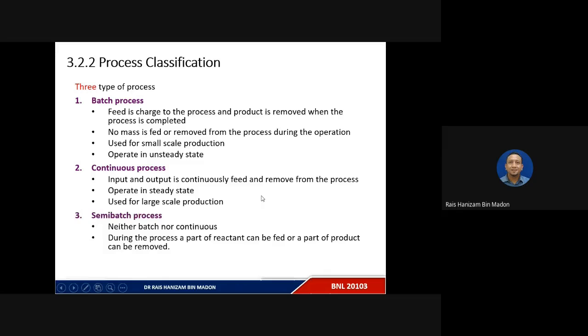So the third type of process is the semi-batch process, which is neither batch nor continuous. During the process, a part of the reactant can be fed or a part of the product can be removed. Okay, an example: a balloon.